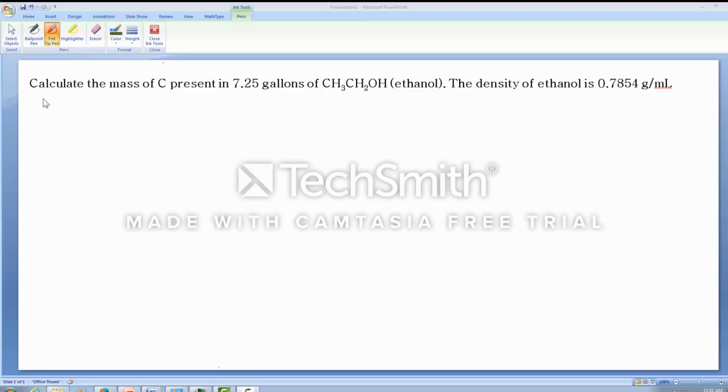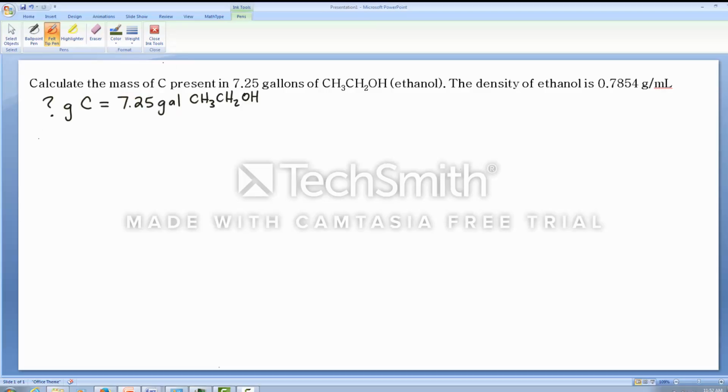What we want to do is find the number of grams of atomic carbon that's in 7.25 gallons of CH3CH2OH. That's the question that we are asked to solve for.